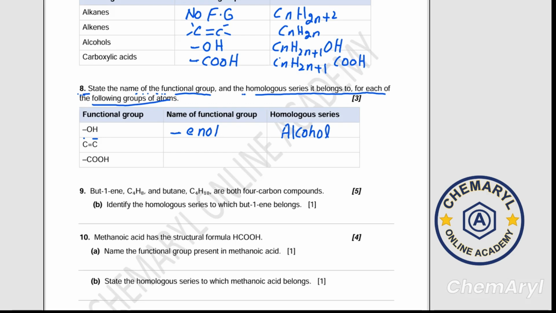Carbon double bond carbon functional group: the name of the functional group and the homologous series name is alkene. Next functional group, COOH: the name of the functional group is carboxyl, and the homologous series is carboxylic acid.